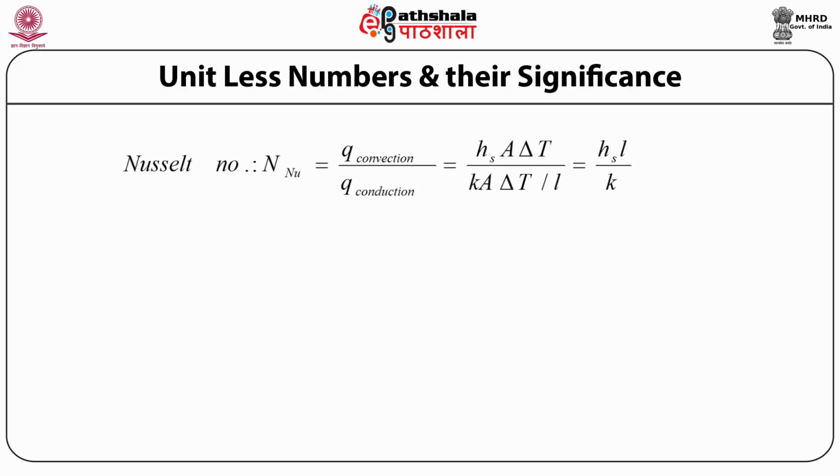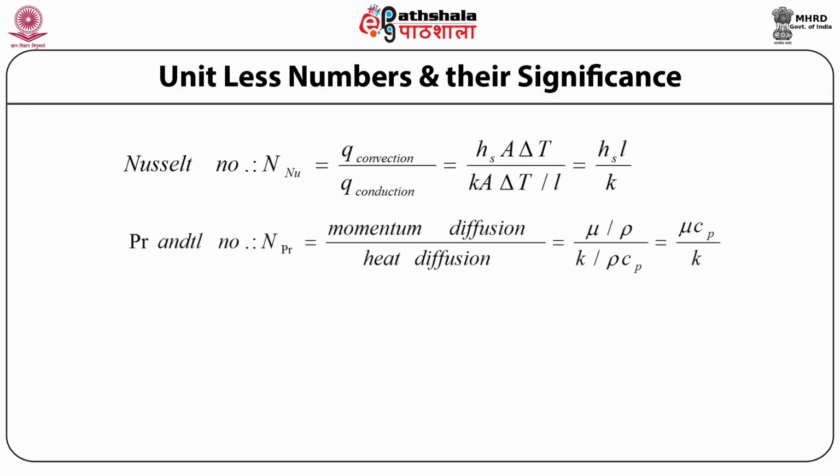Another number is called Prandtl number, which is used to visualize the thermal boundary and hydrodynamic boundary. Hydrodynamic boundary is related to the viscosity of fluid and thermal boundary is related to thermal conductivity. As already we have discussed, thicker the hydrodynamic boundary, much difficulty we face to transfer the heat.